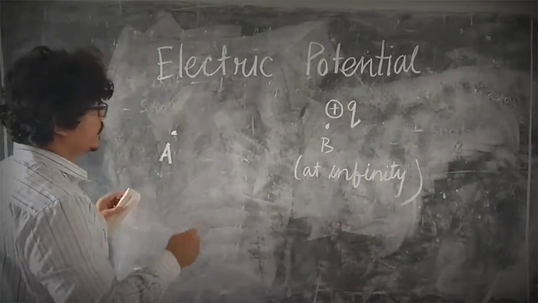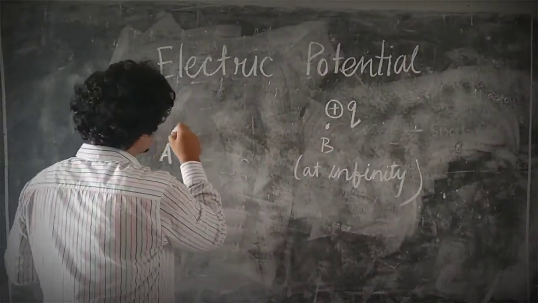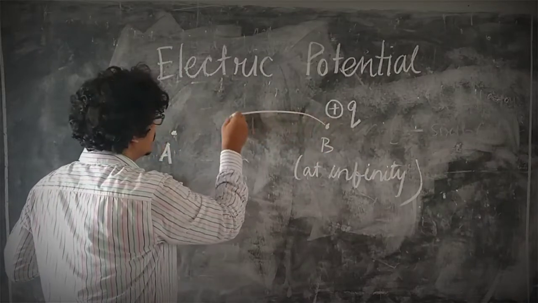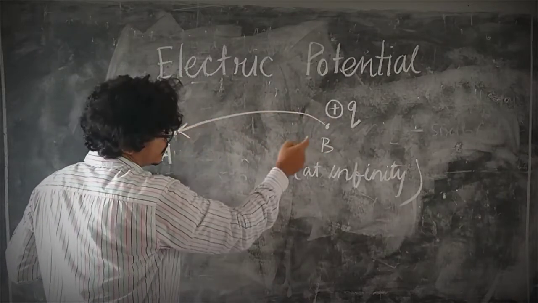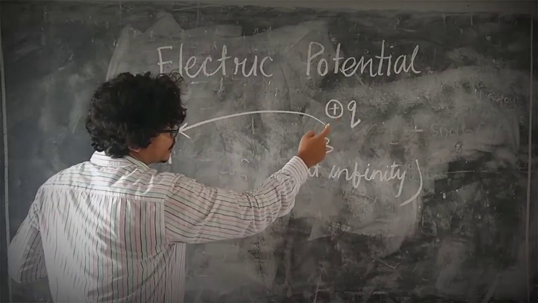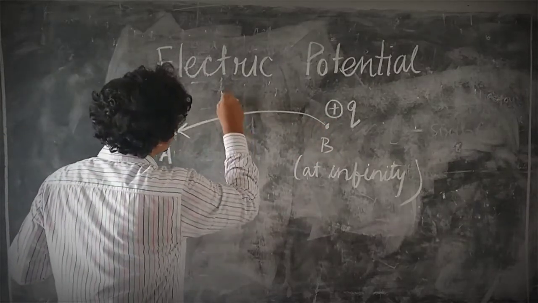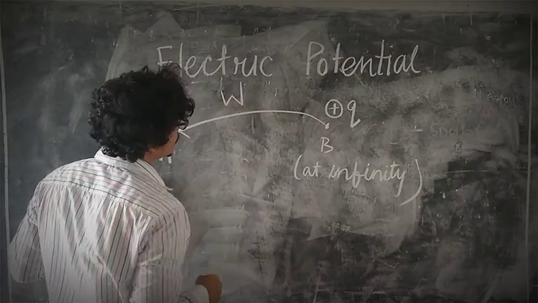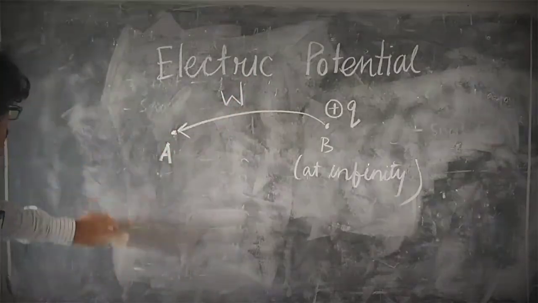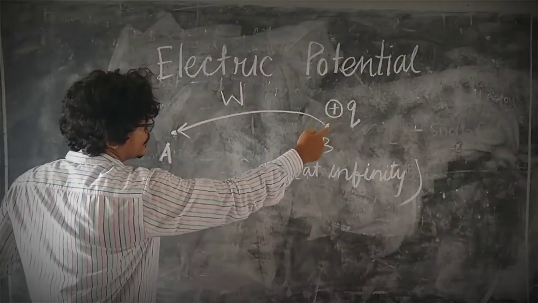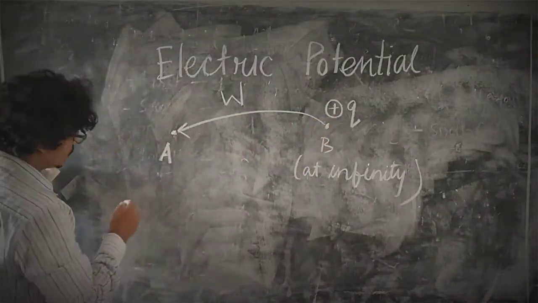Now, if we want to bring this Q charge to point A from B, then we have to do some work. So let us say the work done by an agent to bring point charge Q from B to A is W. What is W?